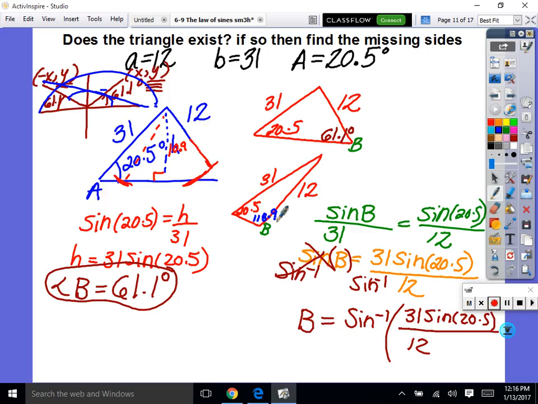Okay, so this triangle right here has the same sine value as this triangle, correct? Sine is y.